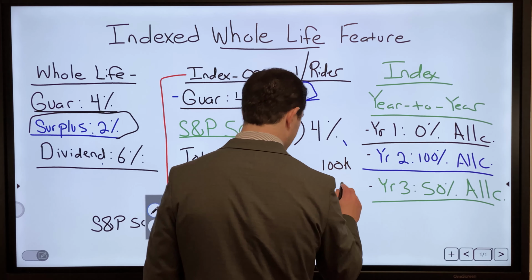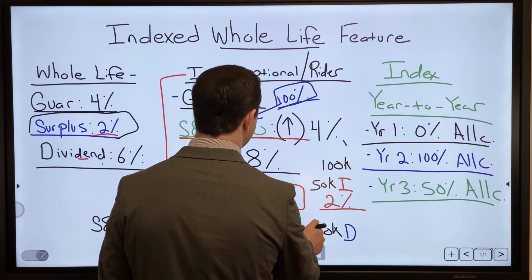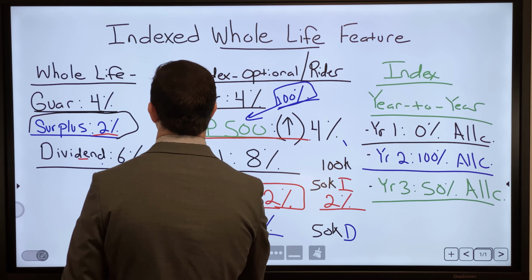The 50K tied to the company's basic dividend rate or surplus does not receive the charge. So again, where it would hurt us is if everything tanked and it produced nothing, or if it produced a lower rate than what the surplus produced. Good to be aware of this kind of stuff. So you've got some flexibility there. We can adjust the allocation of the actual index strategy as time passes. Overall, it is a nice feature to be aware of.